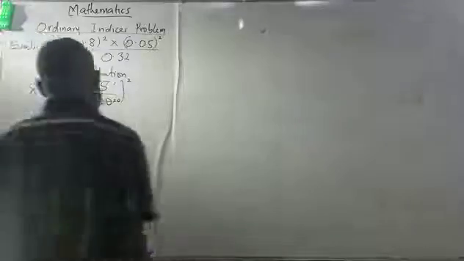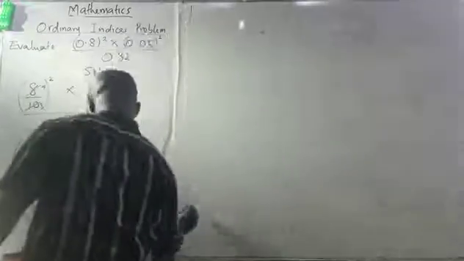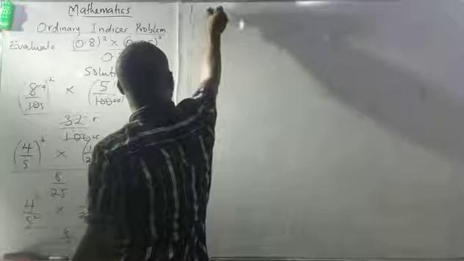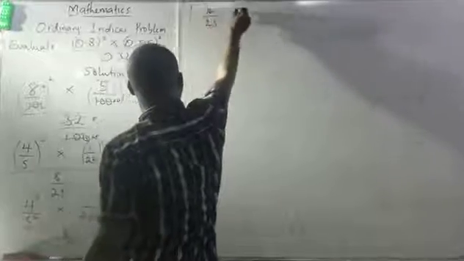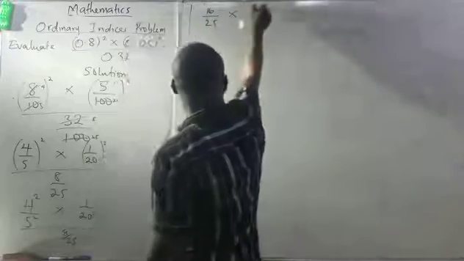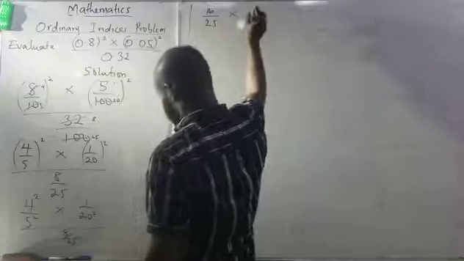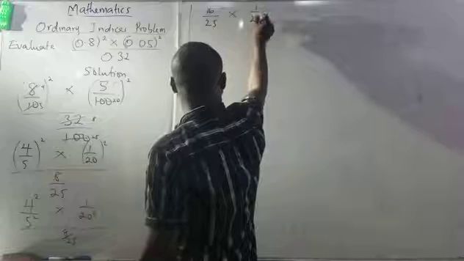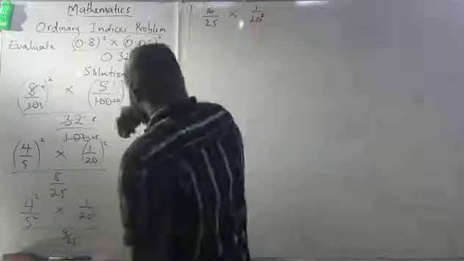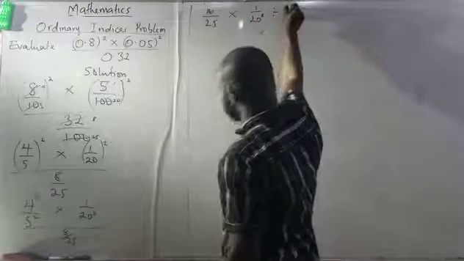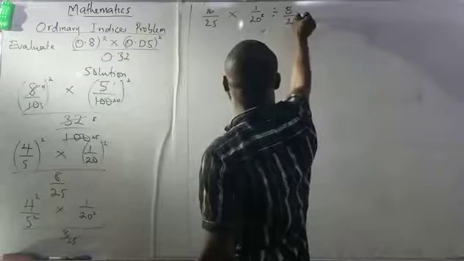Now, I'll be having 16 divided by 25 multiplied by 1 all over 20, it will be 400 anyway. Let me just put it like that, because I will slowly divide 8 all over 25.